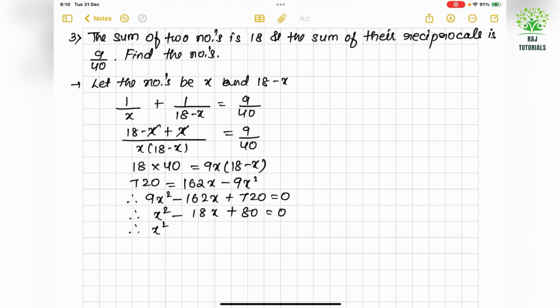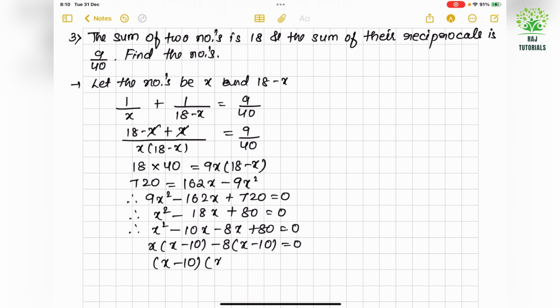So therefore, x square, now splitting the middle term, 80 having factors whose sum is 18. So minus 10x minus 8x plus 80 equal to 0. So taking x common, x minus 10, taking minus 8 common, x minus 10 equal to 0. So two factors I got, x minus 10 and x minus 8 equal to 0.